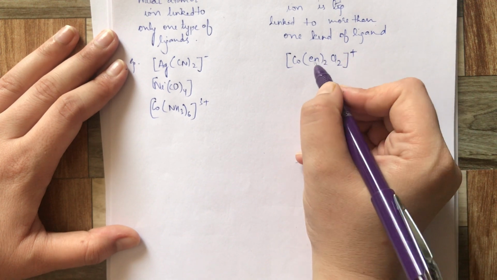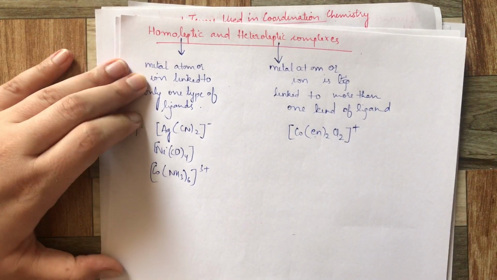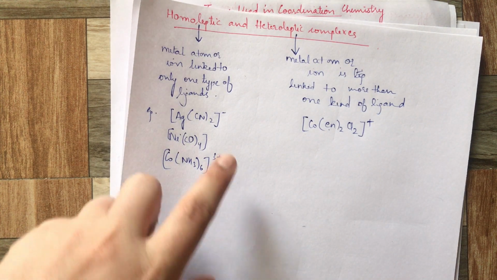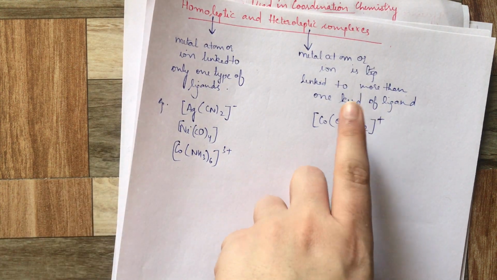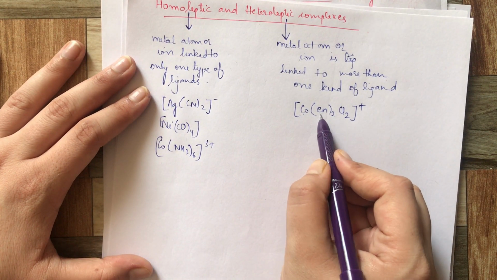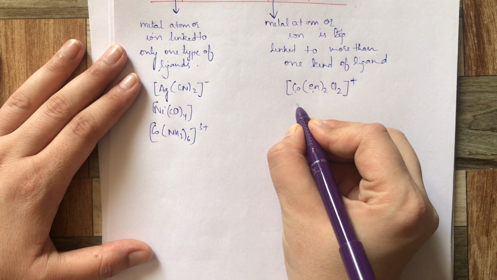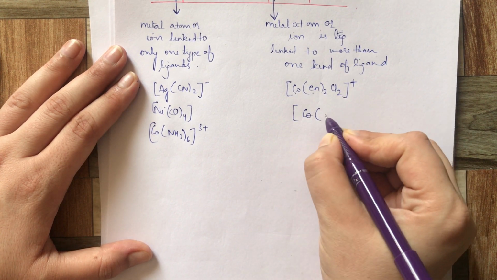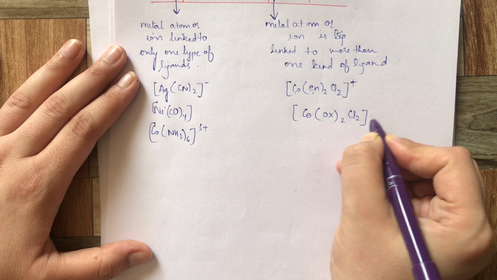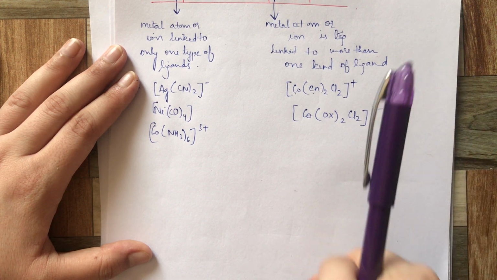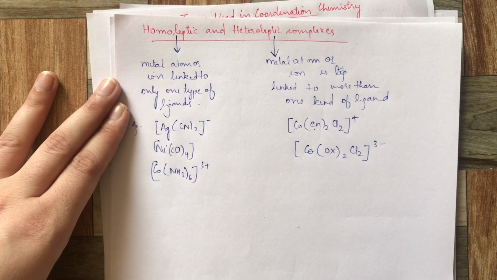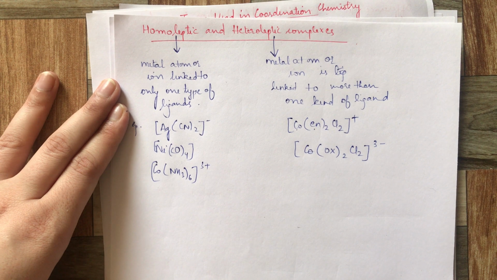There are two types of ligands, en and Cl. Before, the metal atom was bound to only one type of ligand, not one ligand, one type of ligand. Here there is more than one kind of ligand, so Co is surrounded by en and also Cl. Another example is a complex with oxalate ion and also Cl2. This is how heteroleptic and homoleptic complexes are distinguished, right?